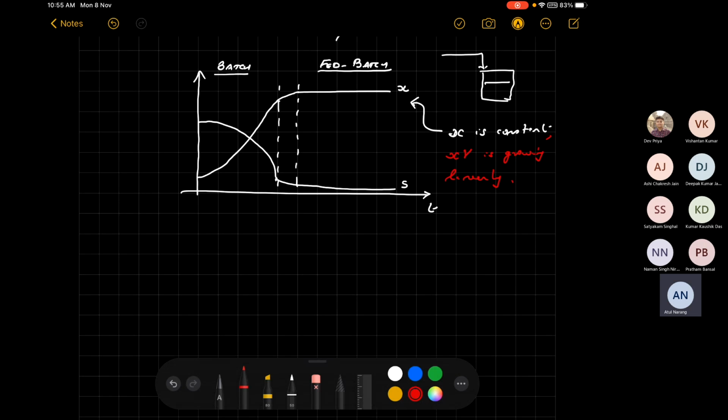That shouldn't surprise you, because in a fed batch reactor, you're not allowing the biomass that is growing to get out. All of it is collecting inside the reactor. So concentration is constant, but the amount is not. In a continuous reactor, both the amount and the concentration are constant because the volume is constant, whereas in this case, the total amount is growing linearly.